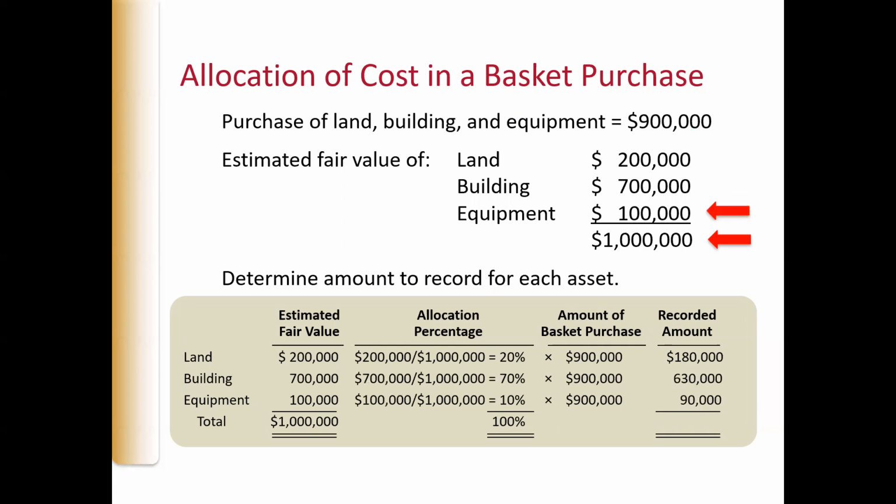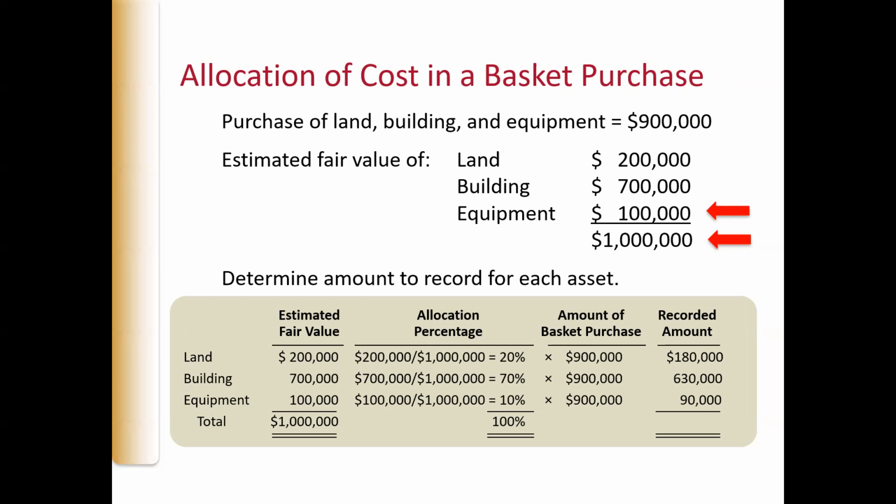So as you see here, the land of $200,000 will allocate 20% of that land to the total, because 200,000 divided by a million is 20%. So allocate 20% of the purchase price of 900,000 to the land.